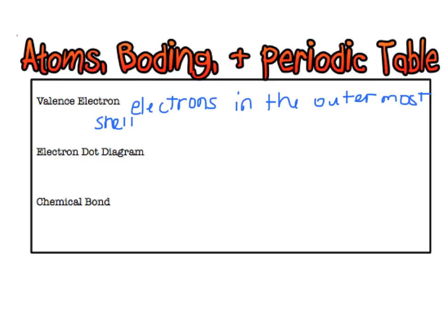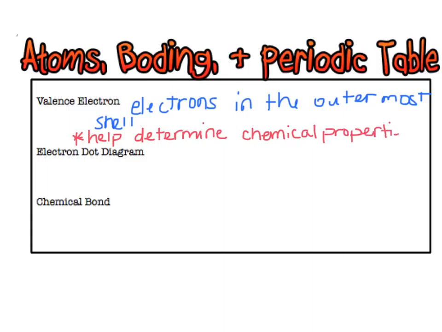Here's the part that we're going to add for today. These electrons in the outer shell are going to help determine whether a chemical bond occurs or what the chemical properties are. So valence electrons help determine the chemical properties for that element.